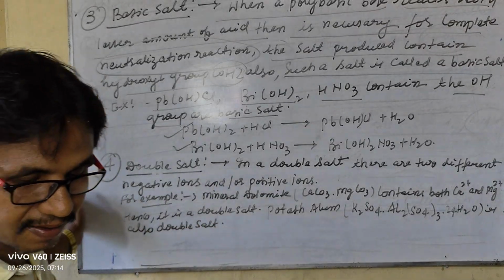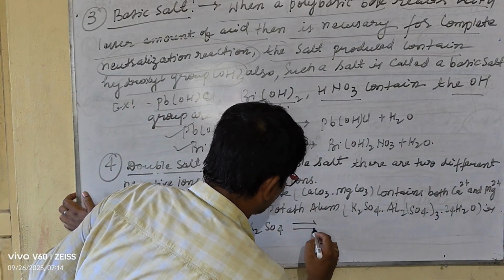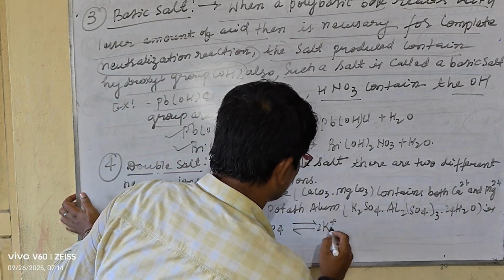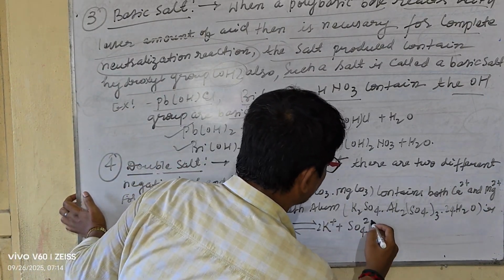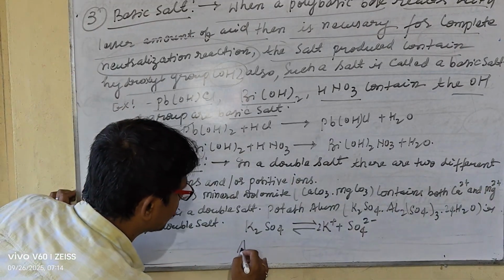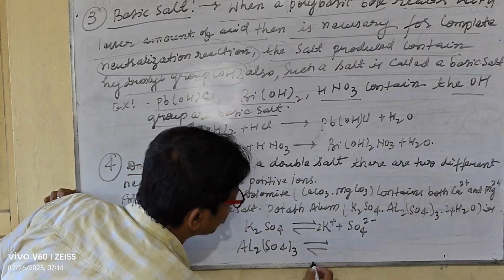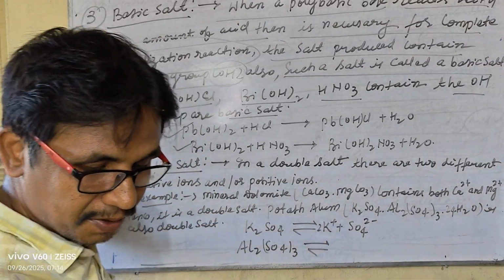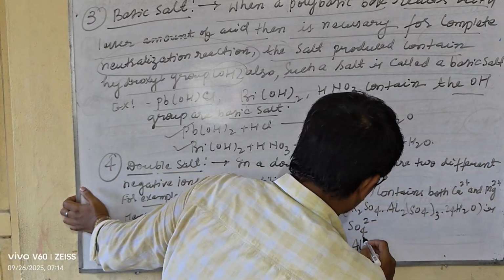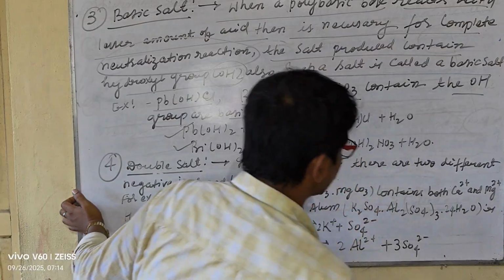The reaction is K2SO4 giving K+ and SO4 2-, and Al2(SO4)3 also hydrolyzes giving 2Al3+ and 3SO4 2-.